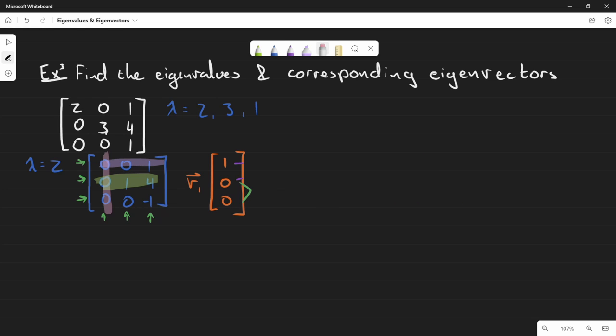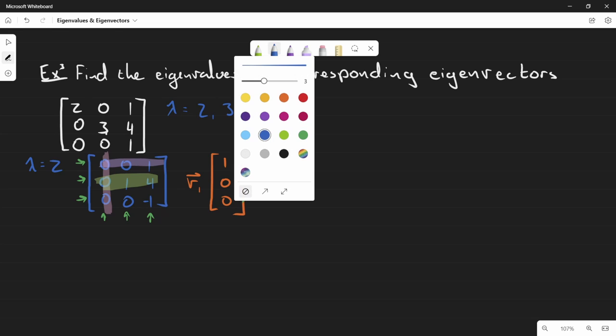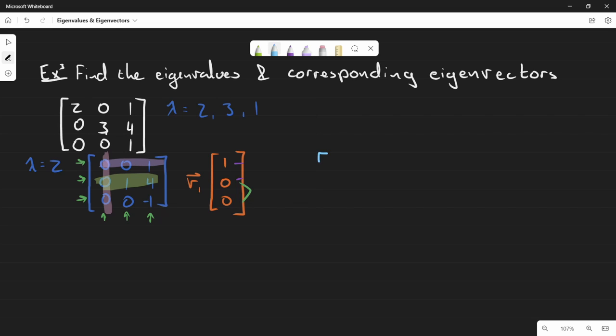And if we were to do it the long way, obviously if we put this in row reduced echelon form, we are going to get the matrix 0 0 0 and then 1 0 0 and then 0 1 0. And so the solution would just be x1 x2 x3.